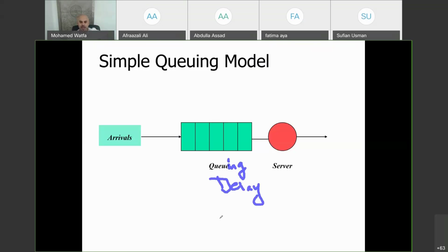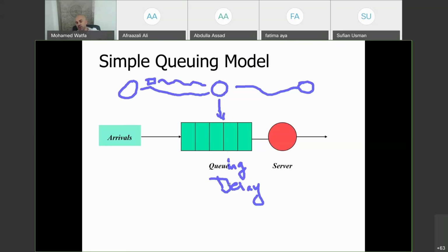So what are these delays? These are so simple. Go back to the example we had. If I'm sending a packet here, when it comes to this router, this is what we call the queue. There might be packets ahead of it. There might be P1 here, P2 here in my queue that I'm still processing.